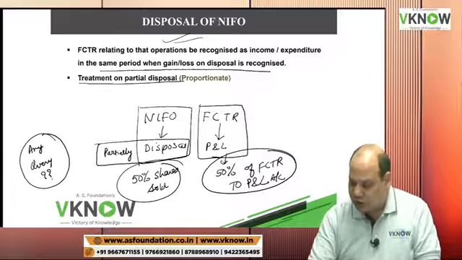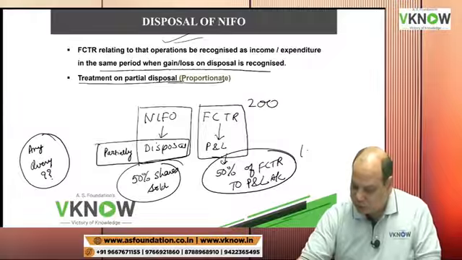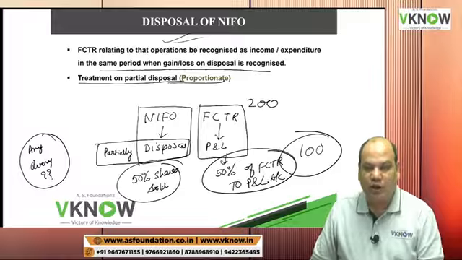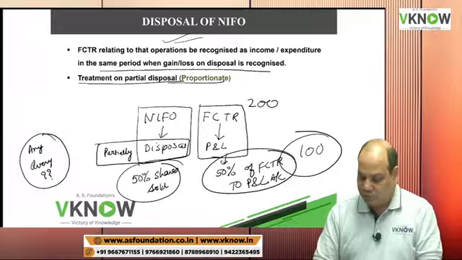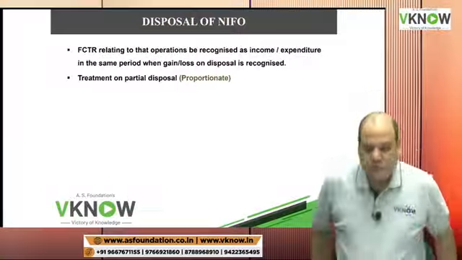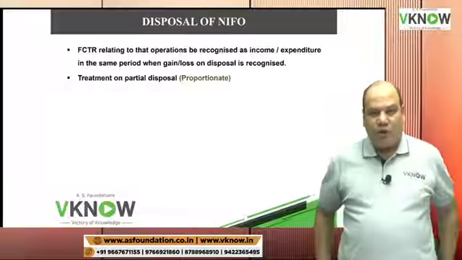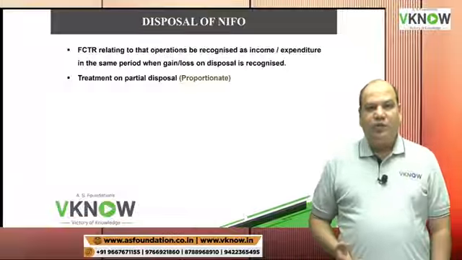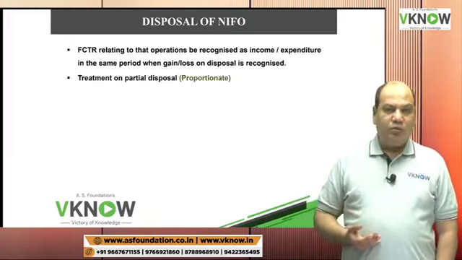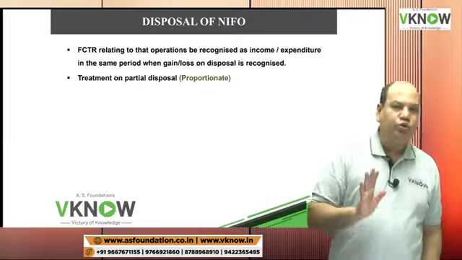So in case of partial disposal, if suppose the balance is 200 rupees, I will only transfer 100 rupees from FCTR to the P&L account. The logic is that in a non-integral operation, we are a passive investor. So we recognize the gain due to exchange fluctuation only when the investment is sold.